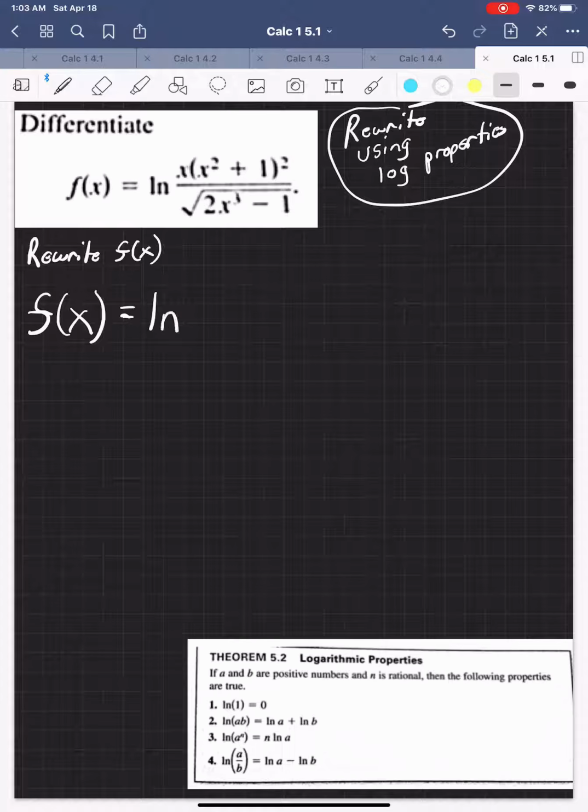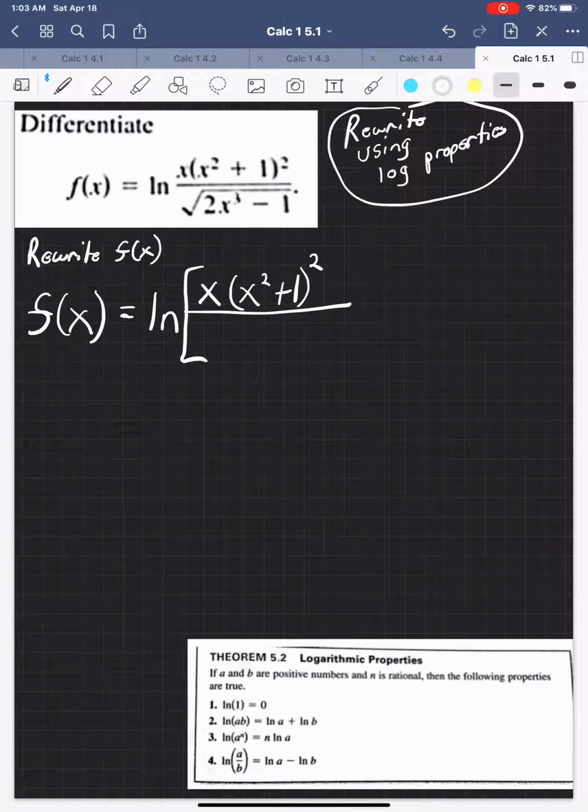So that's going to be ln of, I'm going to use some big brackets, x times (x squared plus 1) squared, over, no more radical, (2x cubed minus 1) to the power of 1/2.